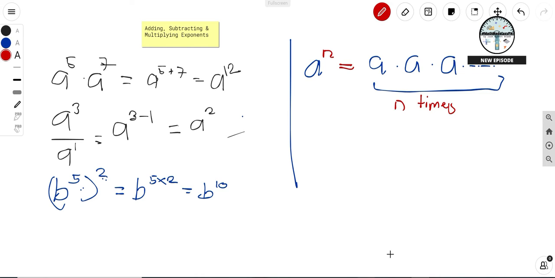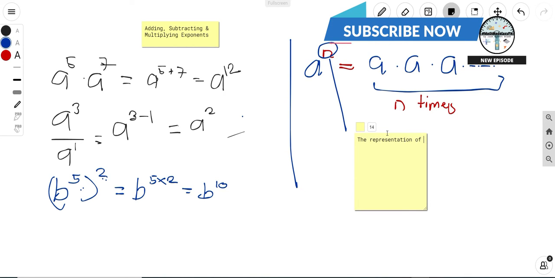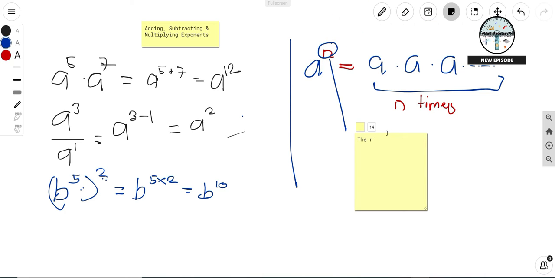I want you to write this down: the exponent represents the number of a's in the expression.